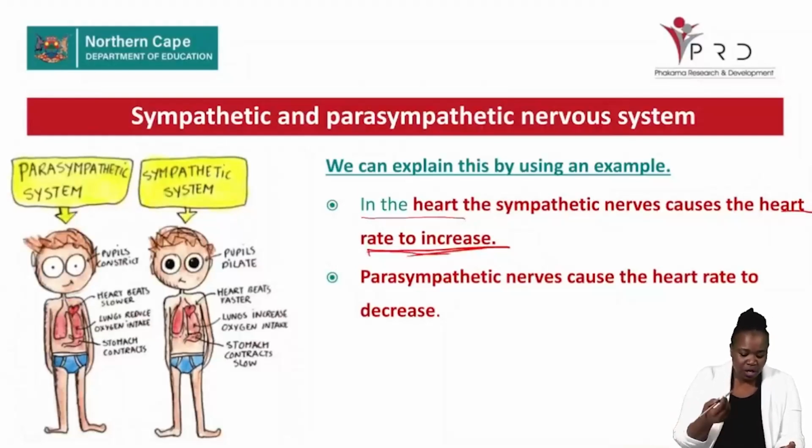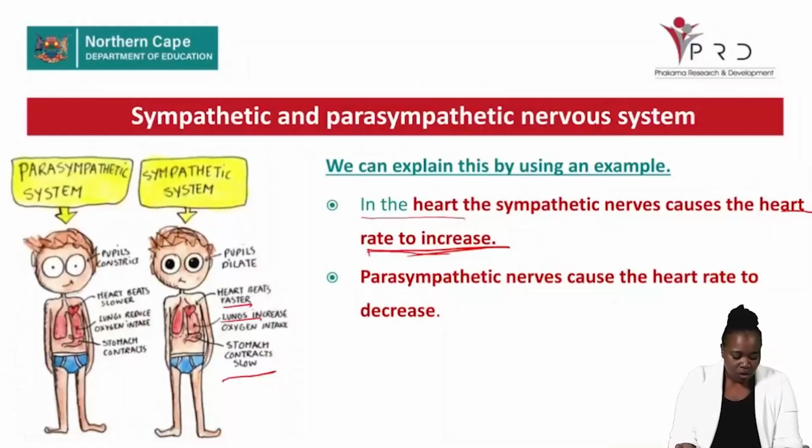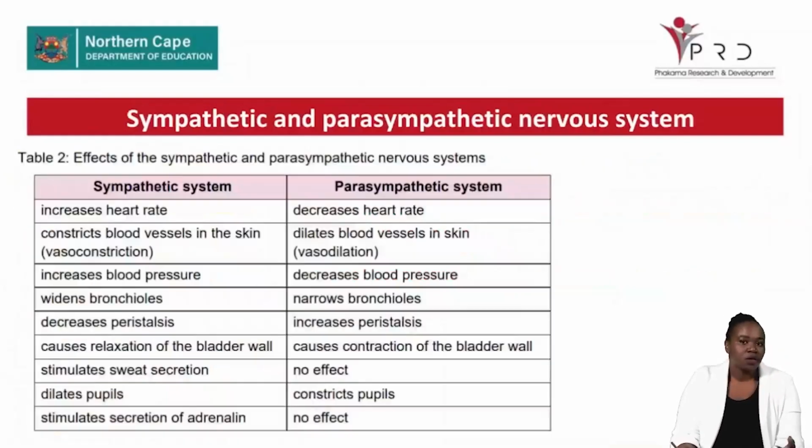Your heart rate is faster, as we can see. The lungs also increase the intake of oxygen. You will be breathing in and out at a very fast rate because you are trying to run away from that situation, or fix that situation as quickly as possible. Your stomach contractions will also be slow.